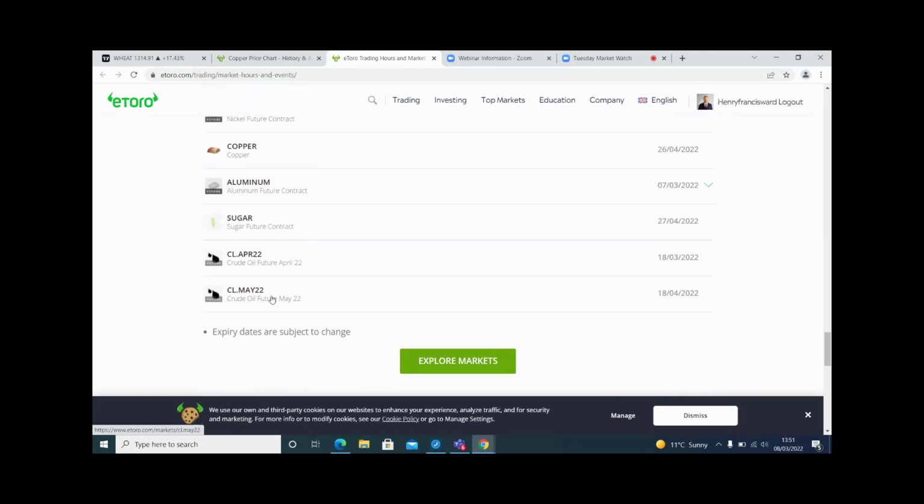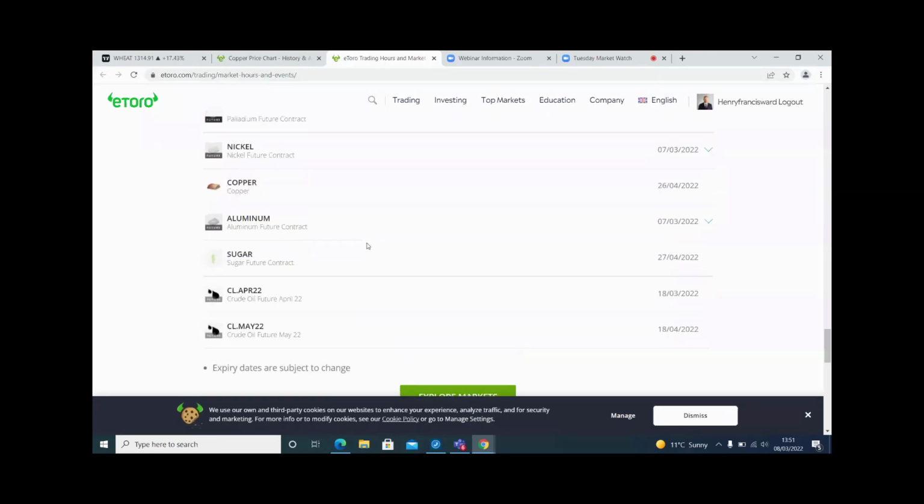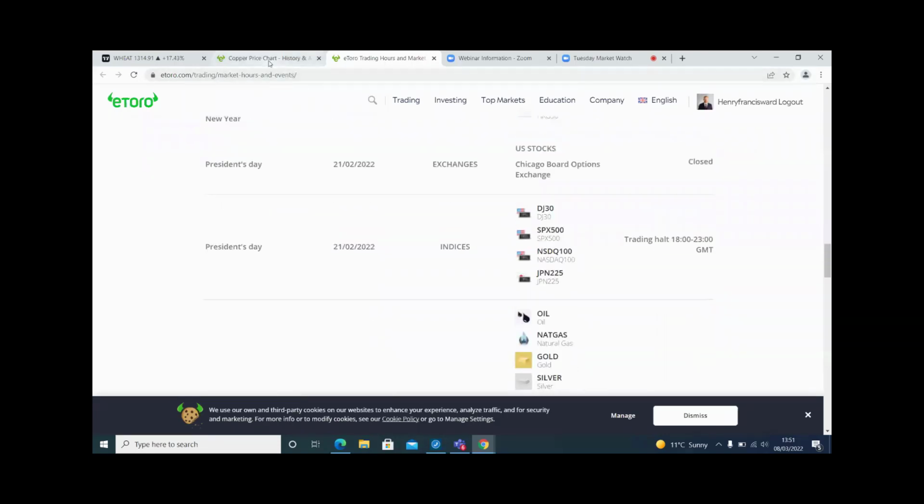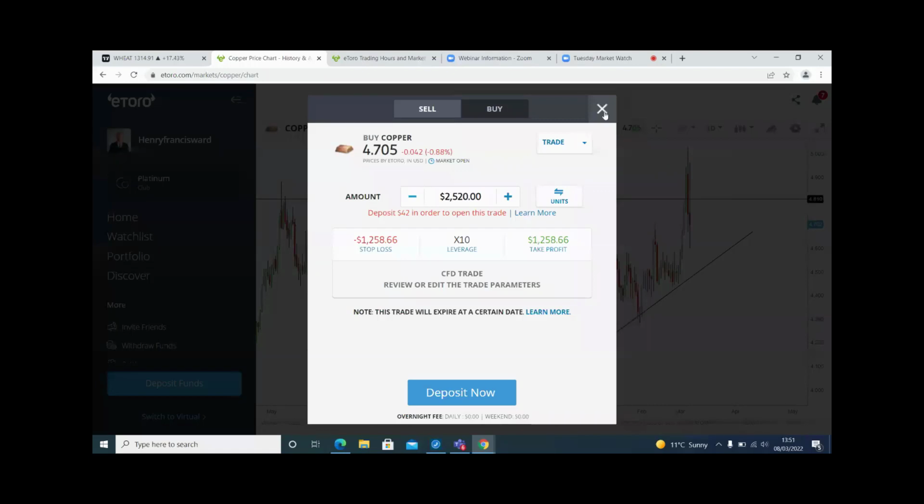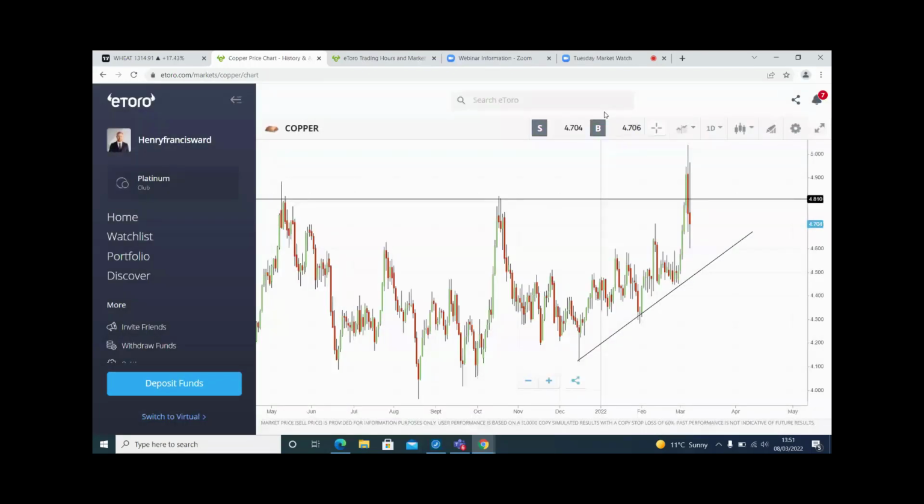And then there's crude oil futures. So it depends. If you're buying oil as an underlying asset, okay, there's a monthly contract. So just be aware of that. What an expiry will do is, if you're in a trade, it will close you out at that particular point. Doesn't matter whether you're winning or losing, it will stop you out at that particular point.